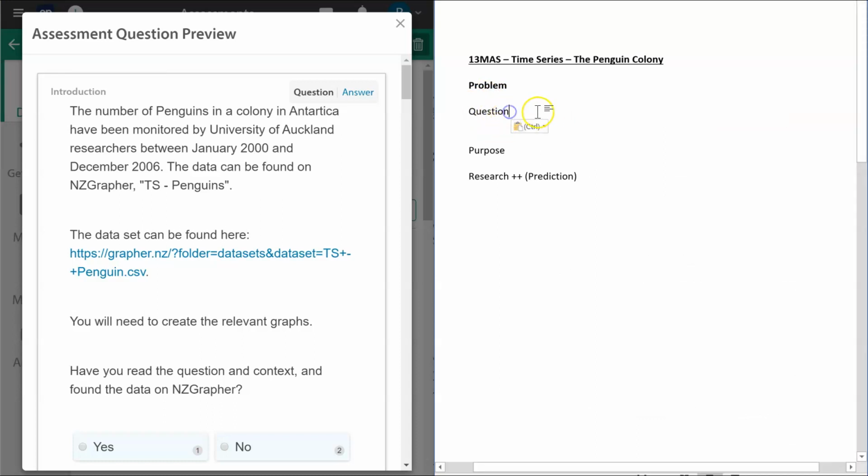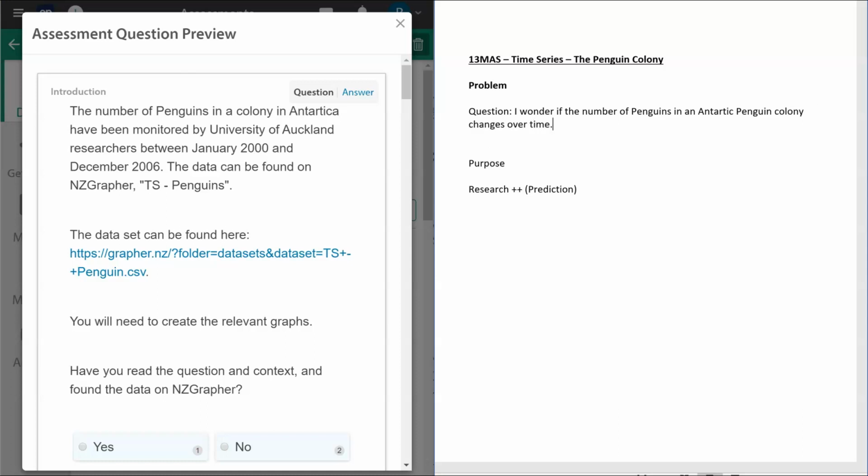And our question: I wonder if the number of penguins in an Antarctic penguin colony changes over time. So what I've done there is I've made sure I've got context. That's just the question.